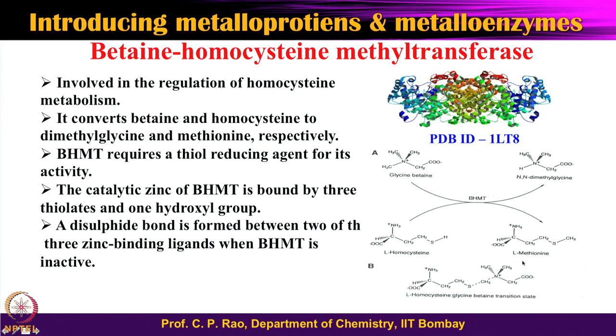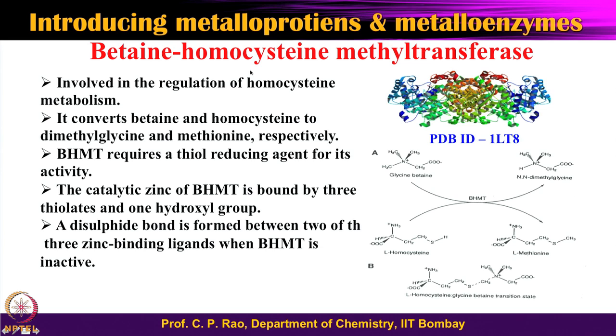So this is basically homocysteine metabolism. In the process, the metabolism takes place when the methyl group is transferred. In this enzyme there is a catalytic zinc. BHMT is a short form for betaine homocysteine methyl transferase.